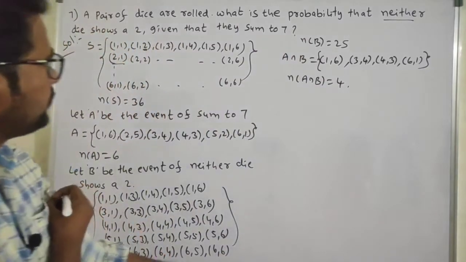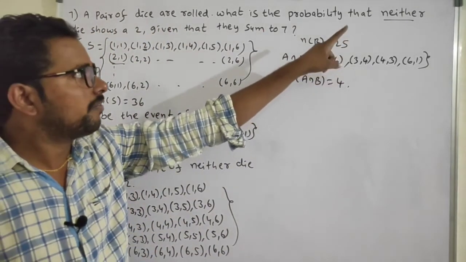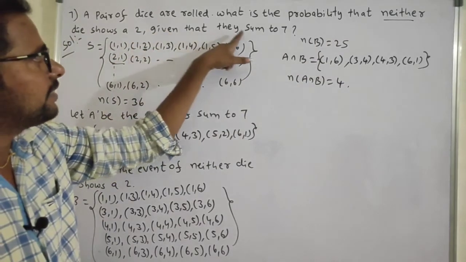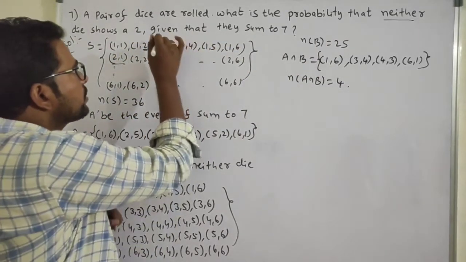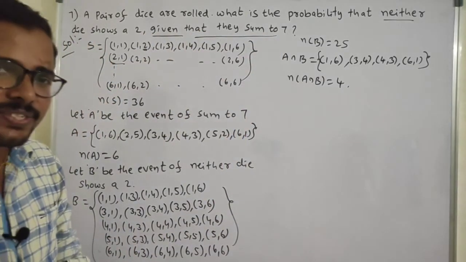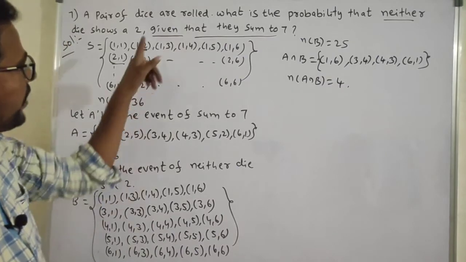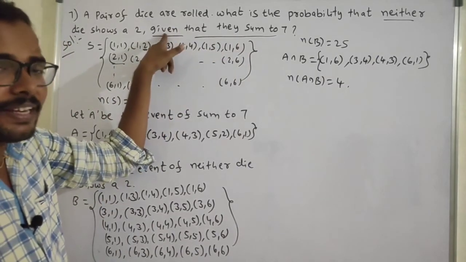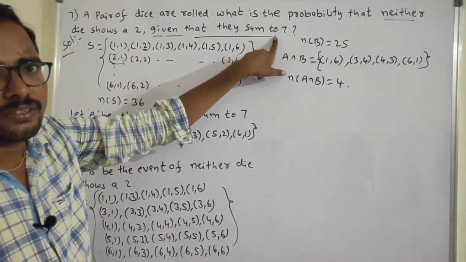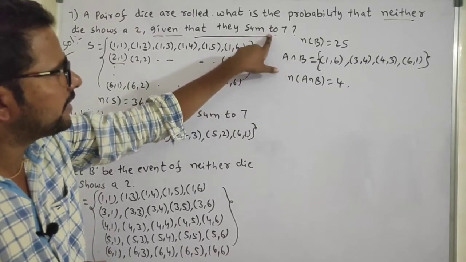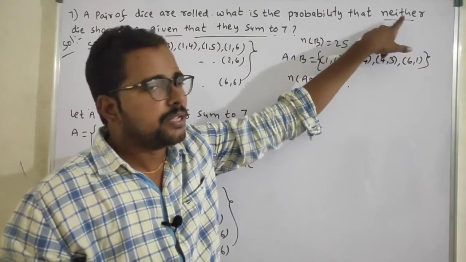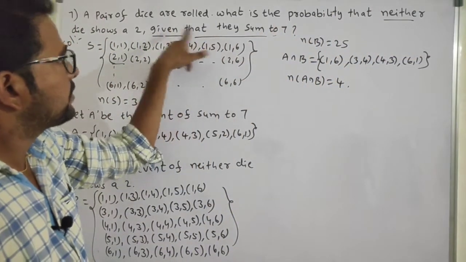Now in the question two events are given. The first event is neither die shows a 2. The second event is given that the sum is 7. So which is happening first? Because in the question it is given, the first event should occur first, and after it happens, the second event should happen. So the first event happening is sum to 7.